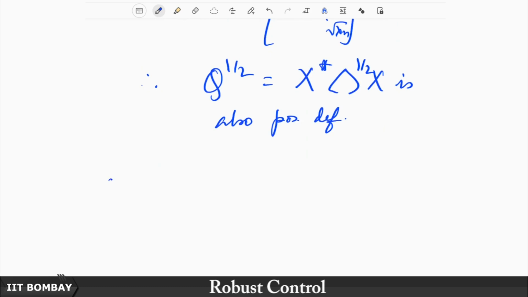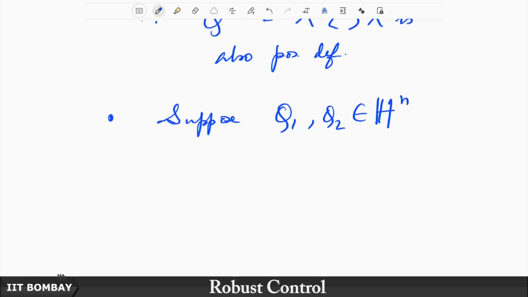Now, having seen this, we are in a position to introduce a new kind of notation which at first might seem a little weird. Suppose Q1 and Q2 belong to Hn, that is, they are both Hermitian matrices.